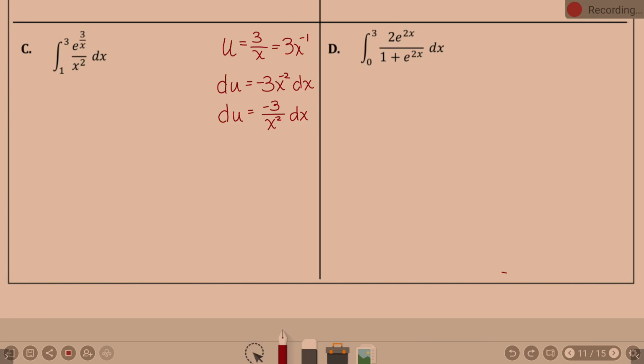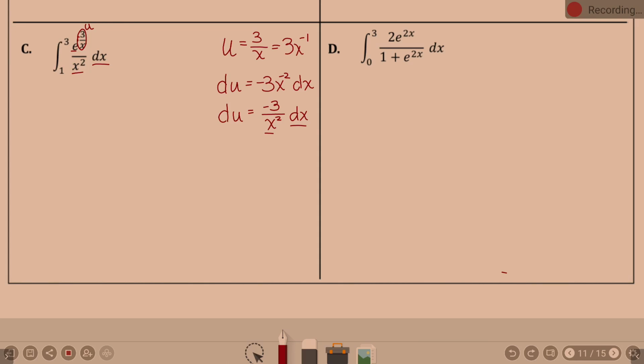Okay, where are we at here? 3 over x. That's going to be your u. e is just going to be there, so e to the u. x squared in the denominator, dx is what's equal to du, so we're almost good.